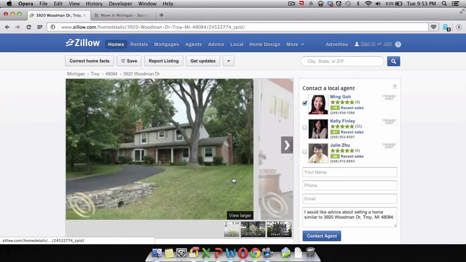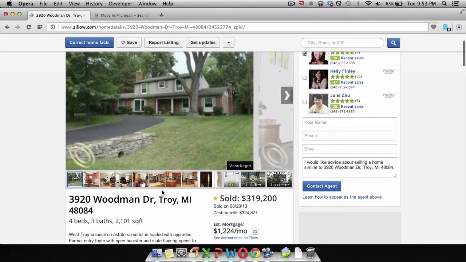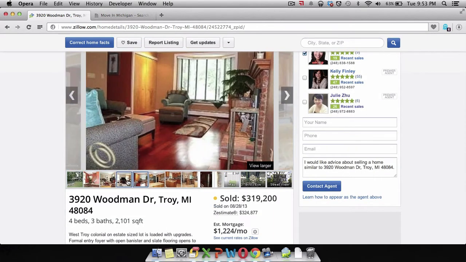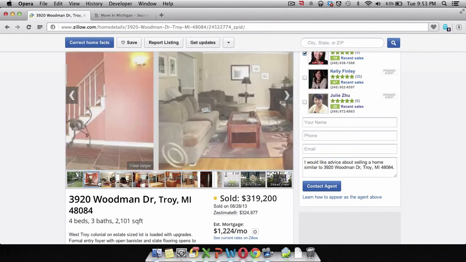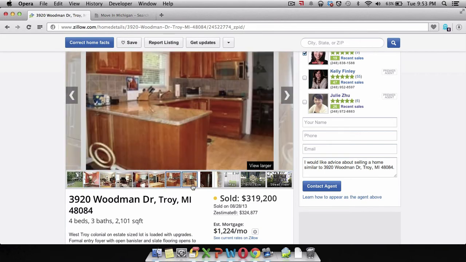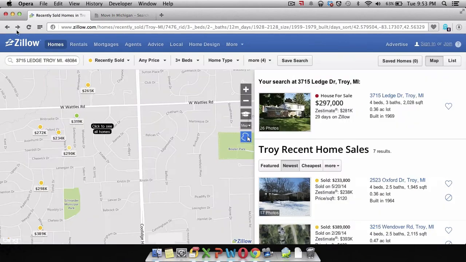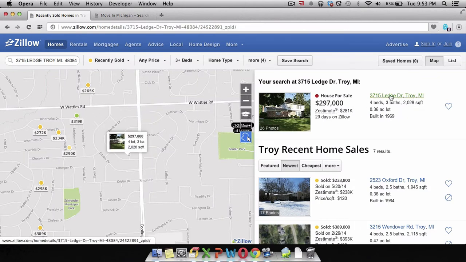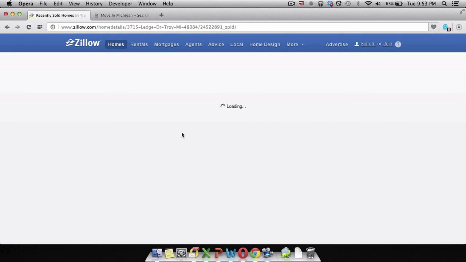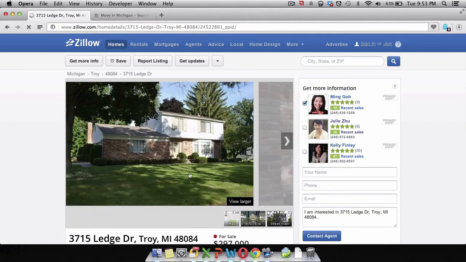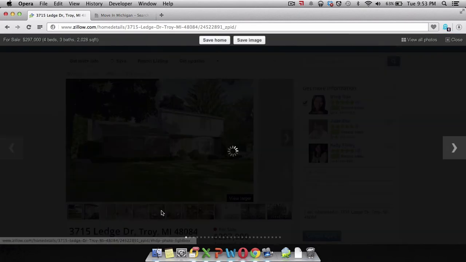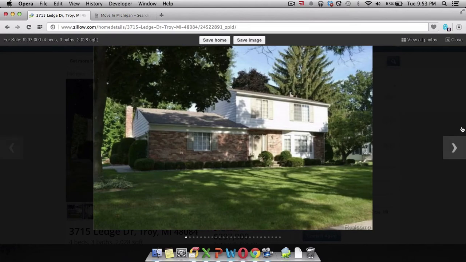And I'll click on this just to get an idea of the condition of the property, all updated stuff, and we can see that this property is updated, been taken very good care of, whereas if you compare it to the property that I'm looking at, it's, you know, got some stuff.